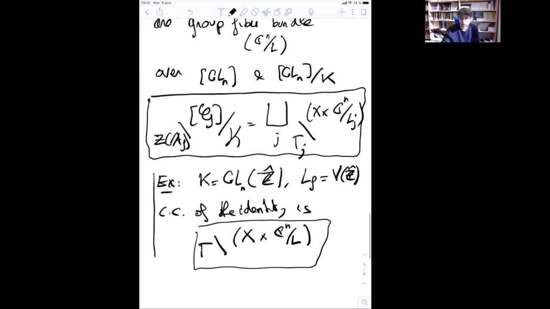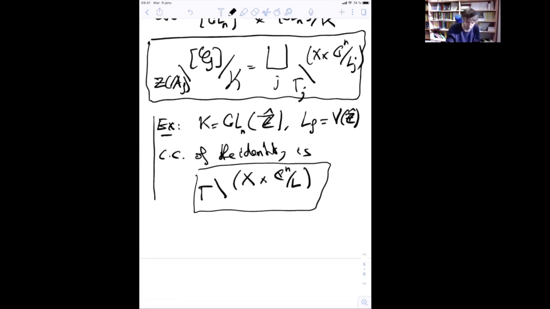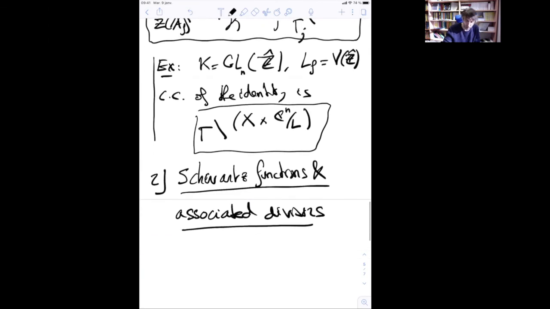It's really more a language, but it's convenient to explain what I will say now. And now is precisely to talk about Schwartz functions and associated divisors. So now, let me say what the space of Schwartz functions is. It's the Schwartz functions on the finite adele points of the vector space.